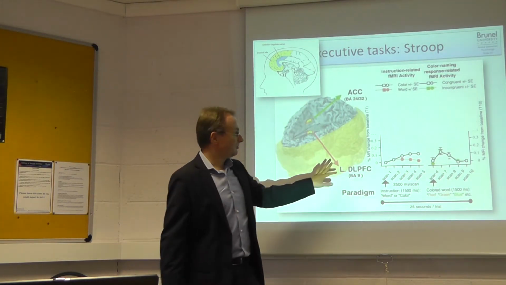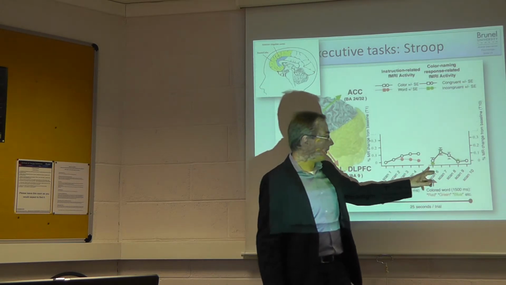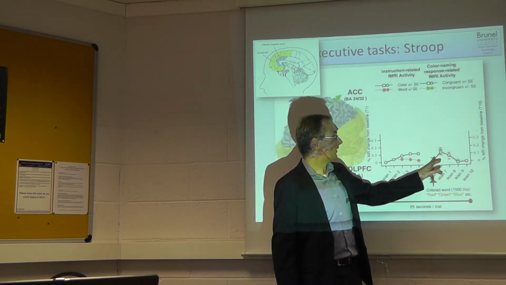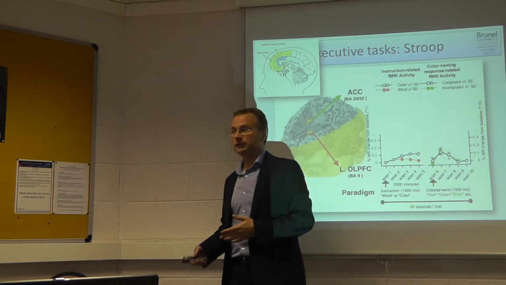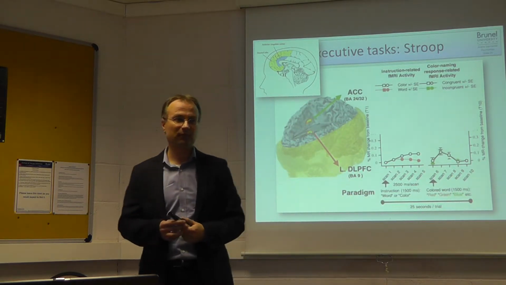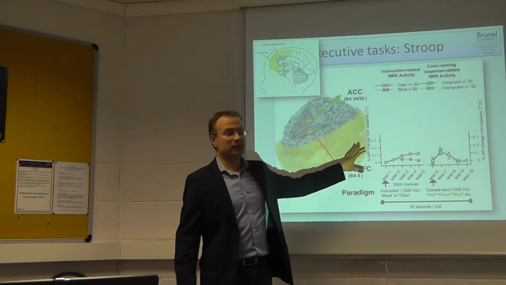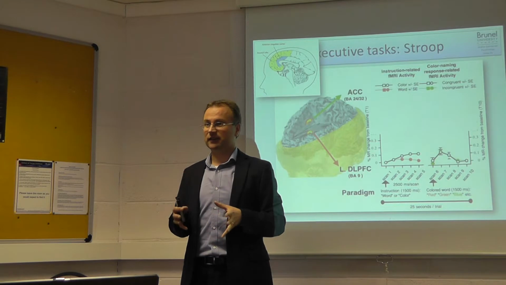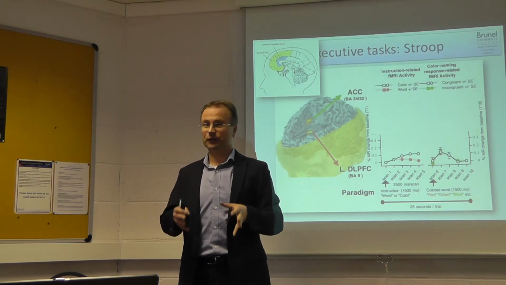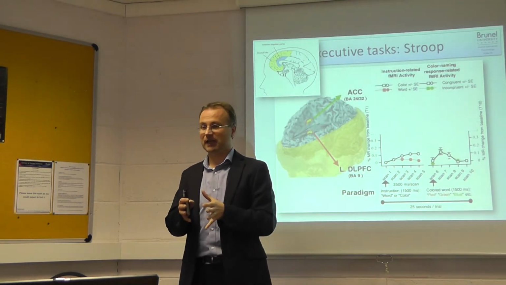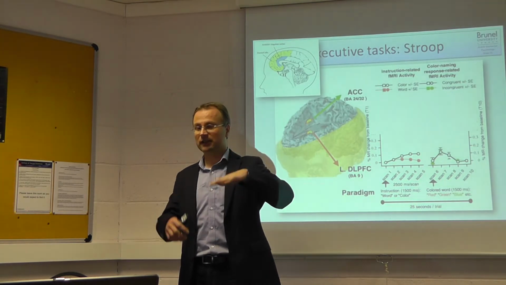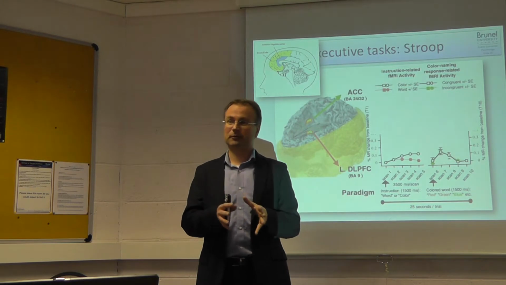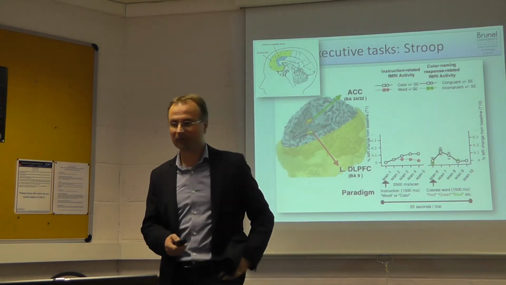When the actual word comes up in the Stroop task, there's no difference whether the word is congruent or incongruent. So this looks like lateral prefrontal cortex is implementing executive control in advance. You know the difficult situation is coming up, so activity goes up, and everything is set into place so that you will be able to respond in the correct way.